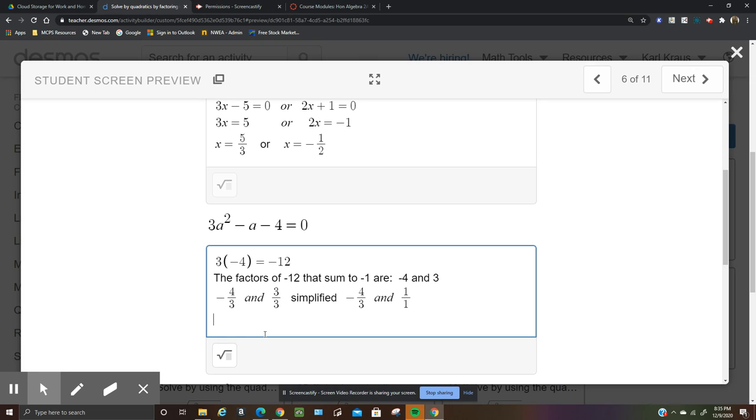So then it becomes a factored form. It becomes 3a minus 4, which takes care of this fraction, simplified, and then a plus 1 equals 0.